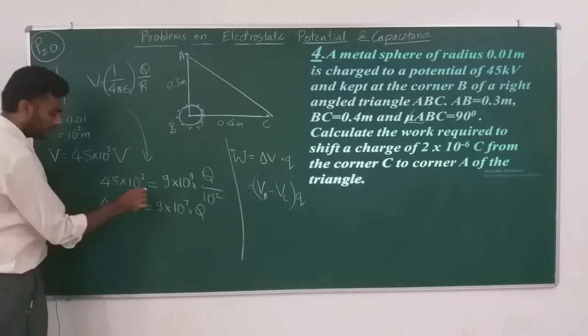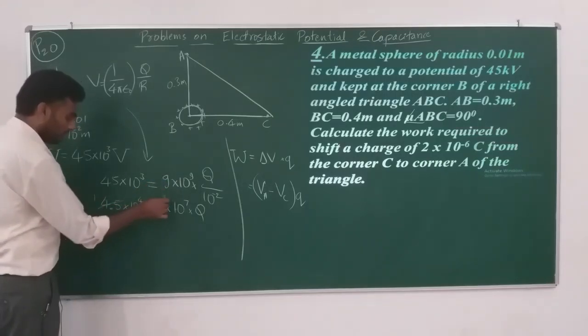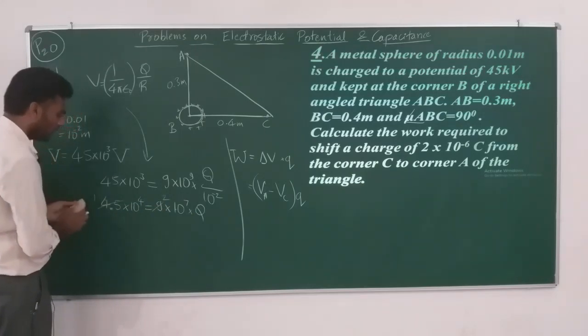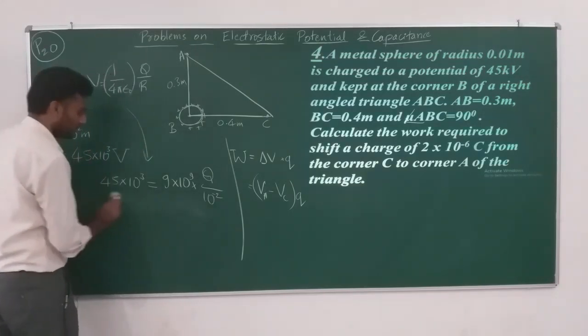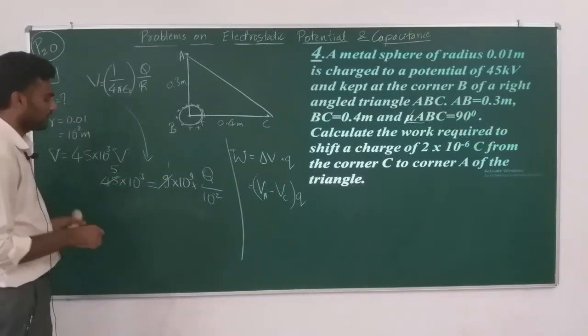Now 4.5 ones are 4.5, twos are... I can cancel it here itself. Okay, don't need to make it complex. 9 ones are 9, 5 nines are 45, right?